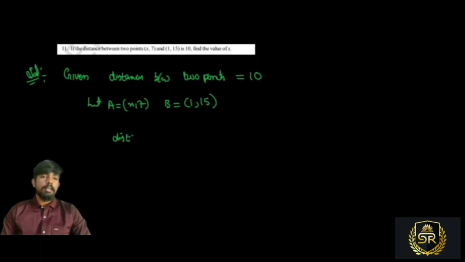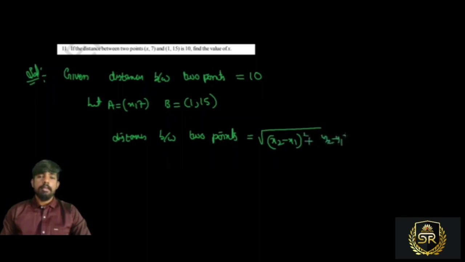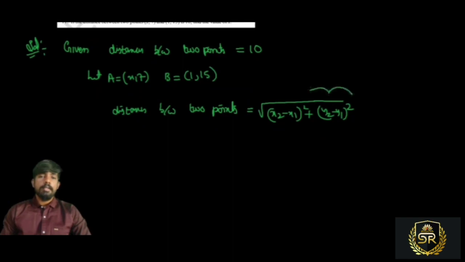The distance between 2 points is equal to root over (x2 minus x1) whole square plus (y2 minus y1) whole square. So we can say this is the distance formula.